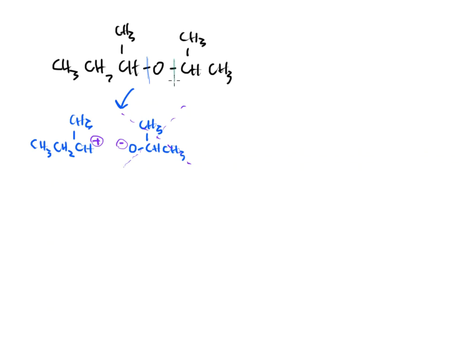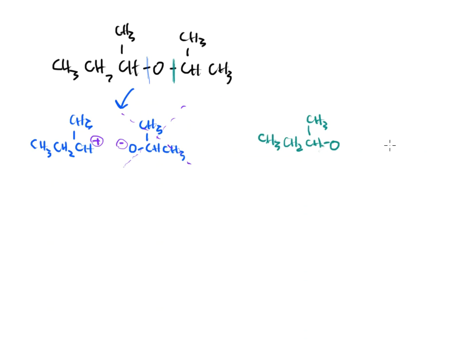Next up, this ether also has the tendency to cleave on the right-hand side as well in the heterolytic cleavage. If it does that, then we will see a CH3, a CH2, a CH, an O, and then a CH3.